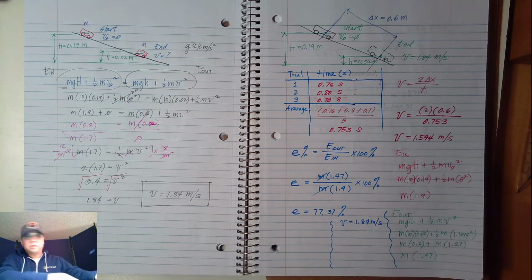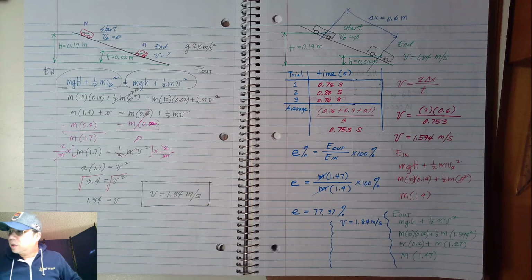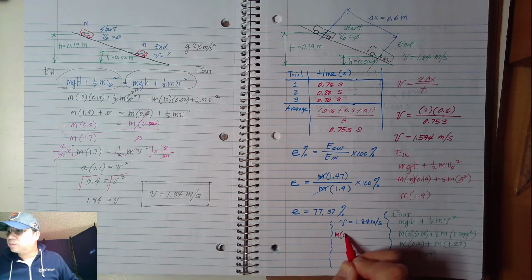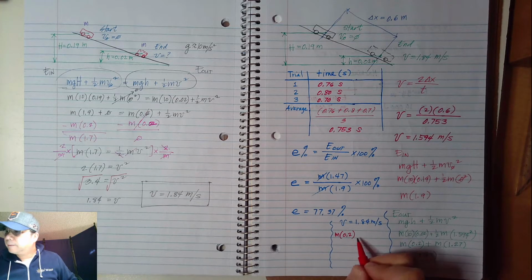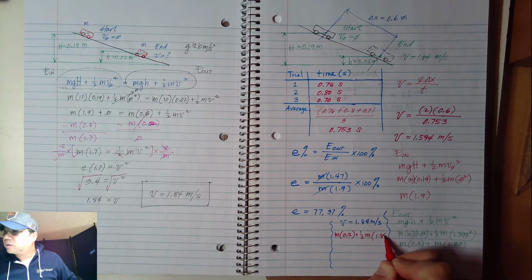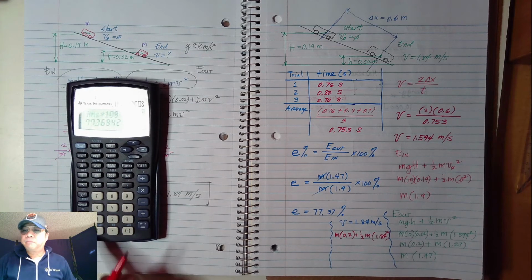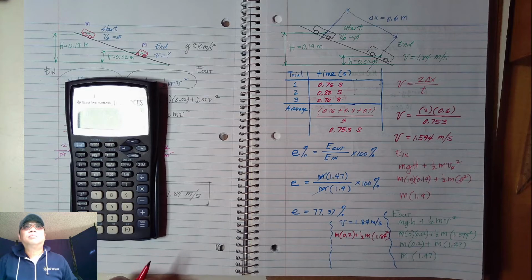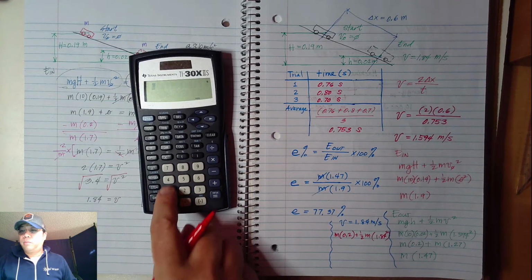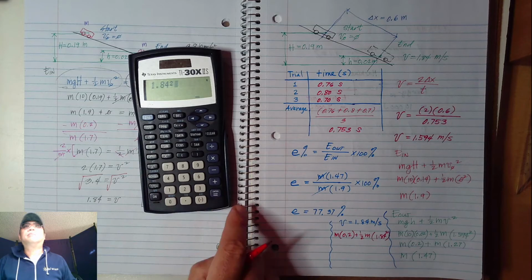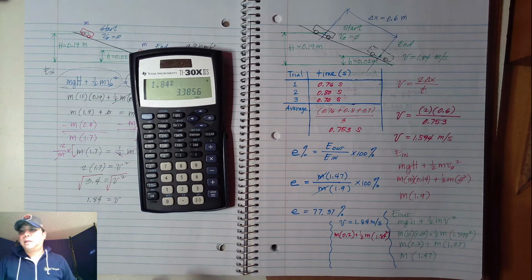Let me use a different color so you can see it. Again, this section over here will be the same, so I'm just going to write it down: 0.2 plus 1/2 m times 1.84 squared. Let's square this number, 1.84, and divide it by 2.